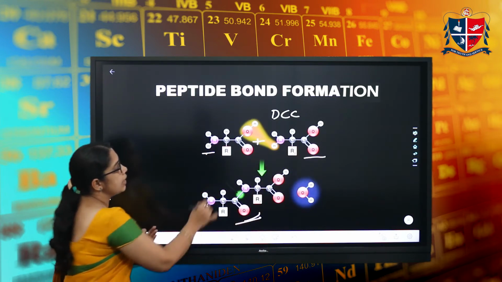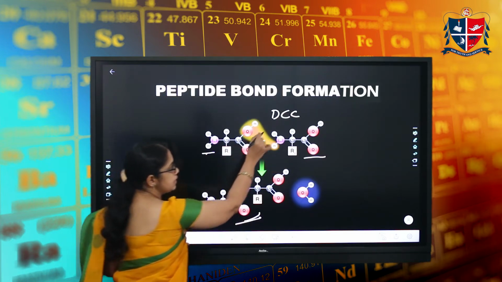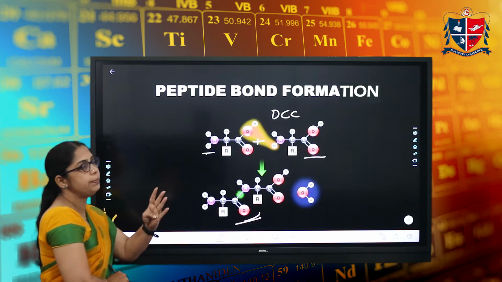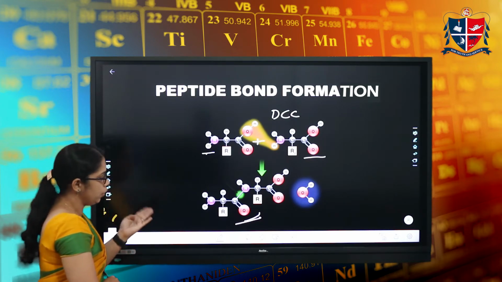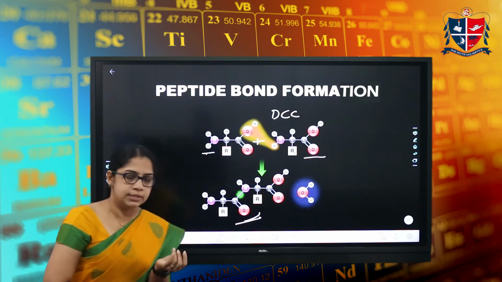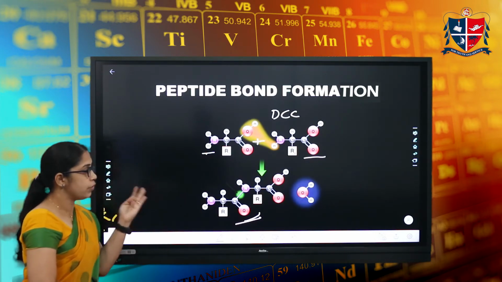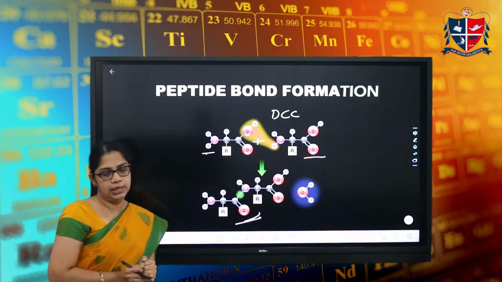In the first method, the steps were protection and activation. Here, the third step is the condensation between these two using a suitable reagent like DCC. And the fourth step is removal of the protecting group, and we will get the required peptide. These are the 2 methods for the synthesis of polypeptides in 100% yield.